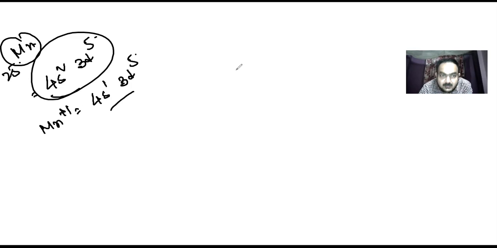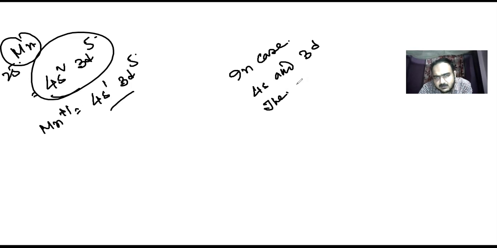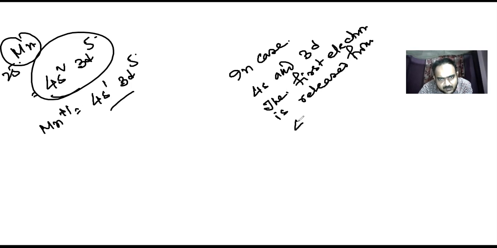I'm writing here. In the case of 4s and 3d, the first electron is released from 4s because it has a lower amount of energy.